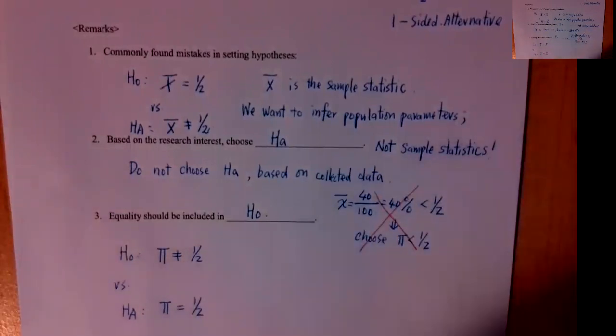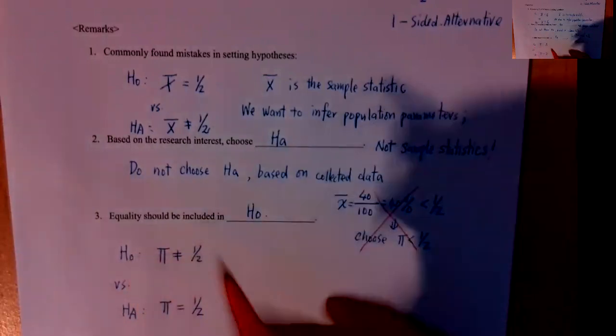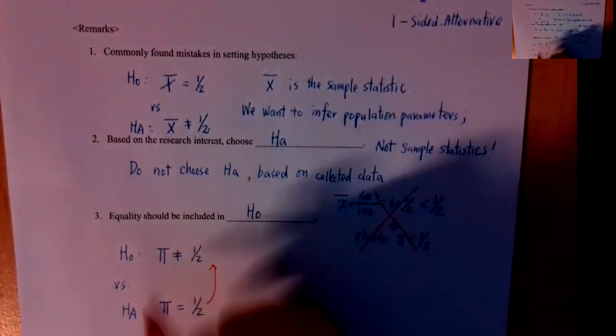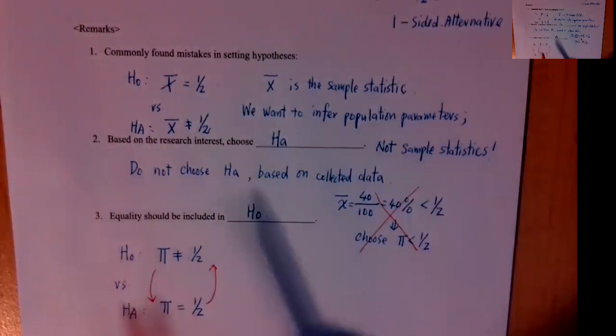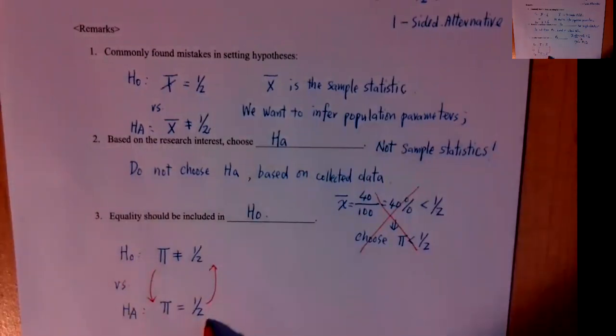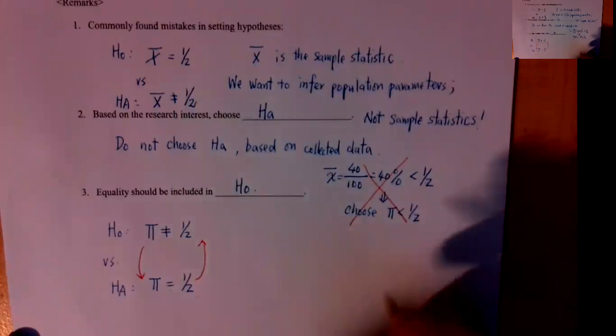This is wrong because the equal sign should always be in H naught. So these two hypotheses, you want to swap, okay? H naught should be pi equal to 1/2, and HA should be pi not equal to 1/2, okay? And I'll give you one more example.